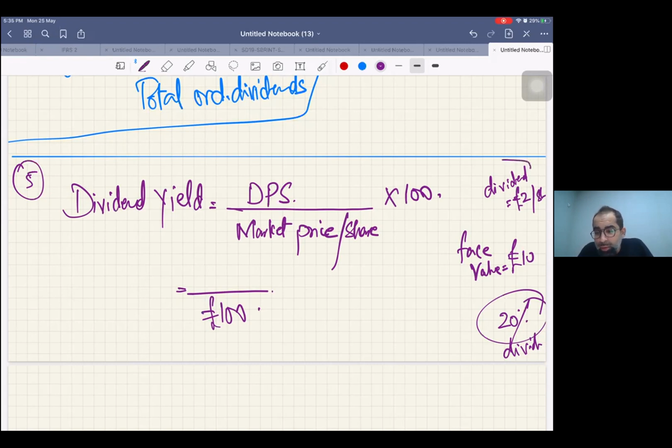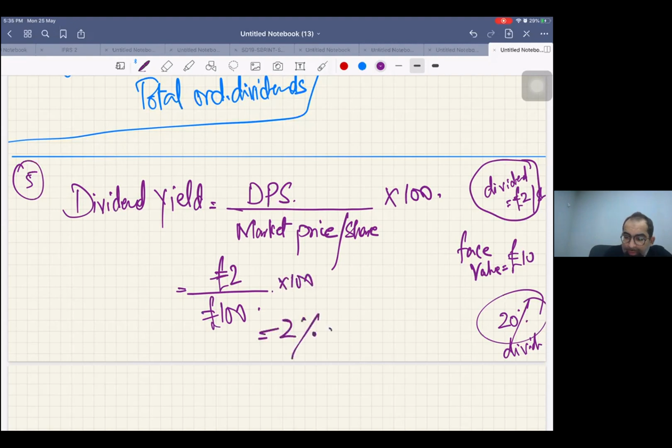I bought this share by paying 100 pounds, and in return, after investing 100 pounds, I'm getting 2 pounds dividend. So my dividend per share is 2 pounds and my market price per share is 100 pounds, times 100. This is my real return. This is my dividend yield.